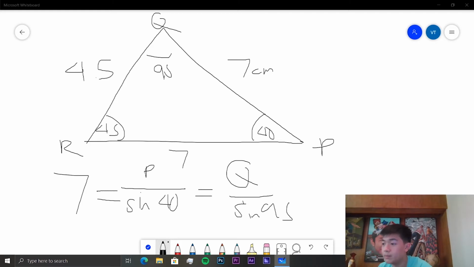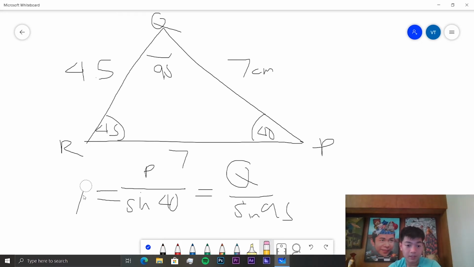Hold on, I made a little bit of a mistake. 7 over sine 45 is equal to P over sine 40. So 7 times sine 40, am I working in degrees? It's equal to 4.49. Sine 45 is not 1. Oh, I'm being silly. So this should be 7 over sine 45.